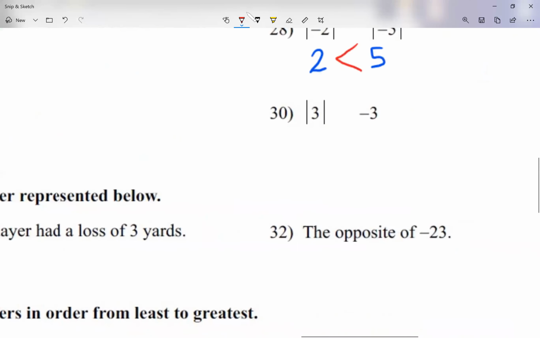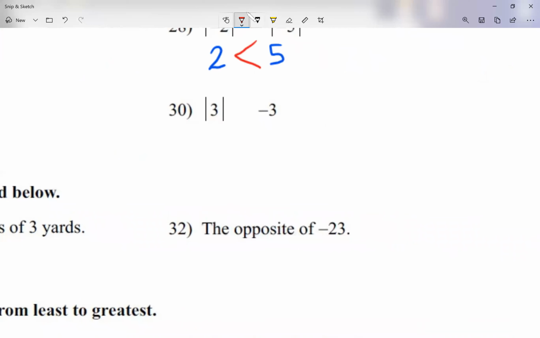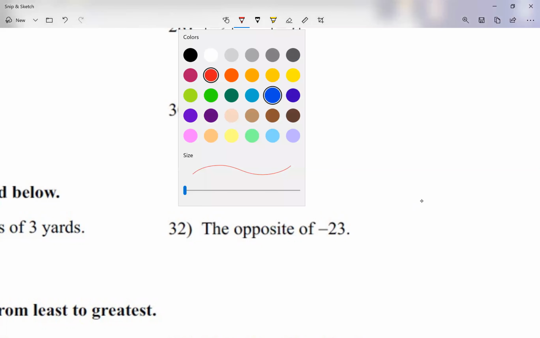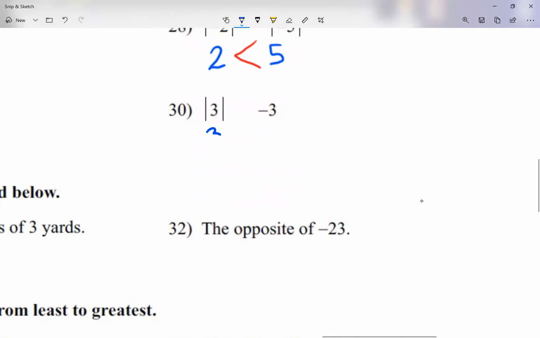Lastly, let's take a look at question number 30. So let's continue. With absolute value, we're going to make everything inside positive. So the absolute value of 3 is just 3. If it was positive to begin with, just leave it positive.